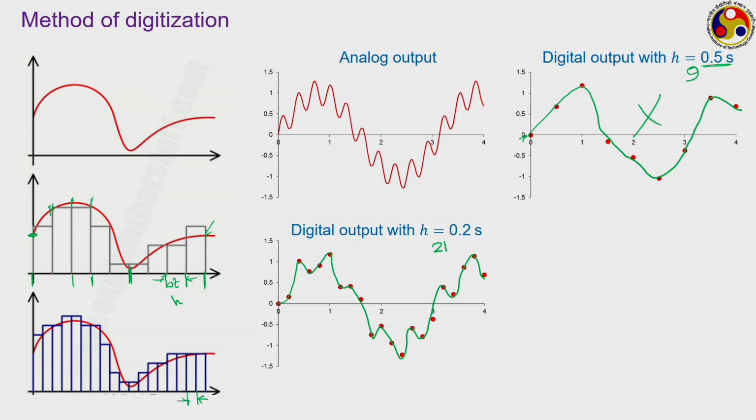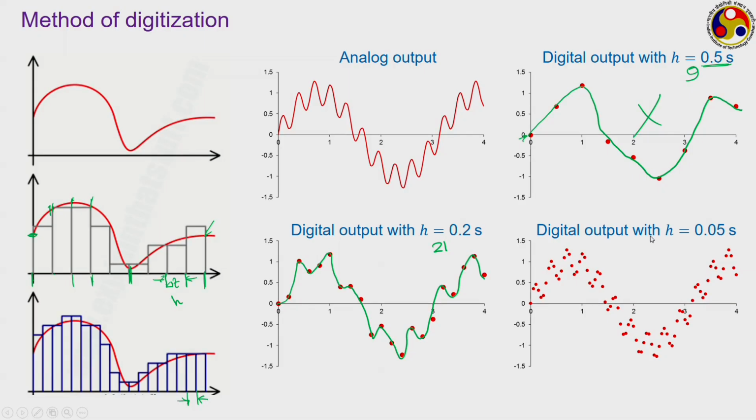So, this is not that bad, but still it is missing certain useful information from the original output. We can easily compare this one with the original analog signal, and we can see that despite having more than double the number of data points, we are yet to reach the final precise step.